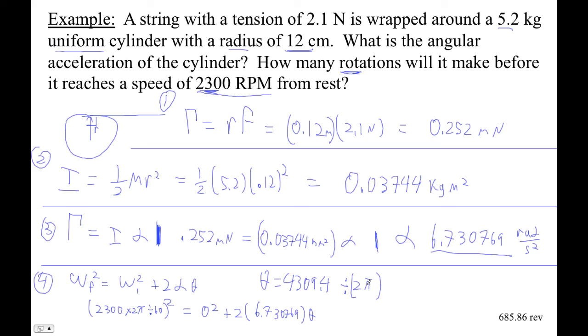Whoops, no, that was a 9. Okay, here we go. 685.86 revolutions. So this was radians that we got out of this formula. Divide by 2 pi, we get that many revolutions. How many sig figs? We only have 2 sig figs, so about 690 rev.